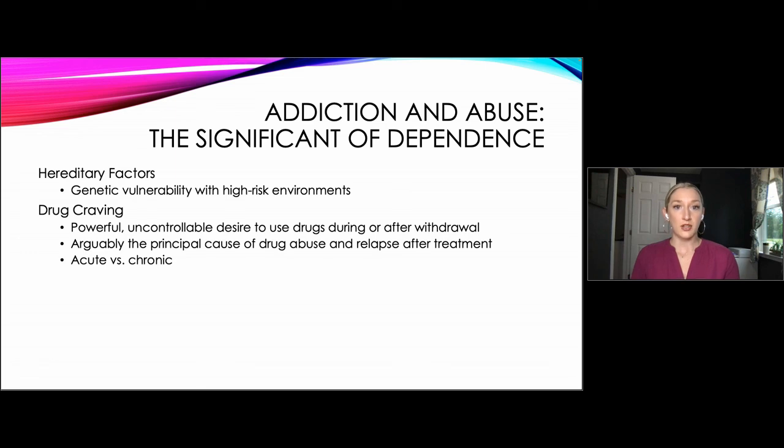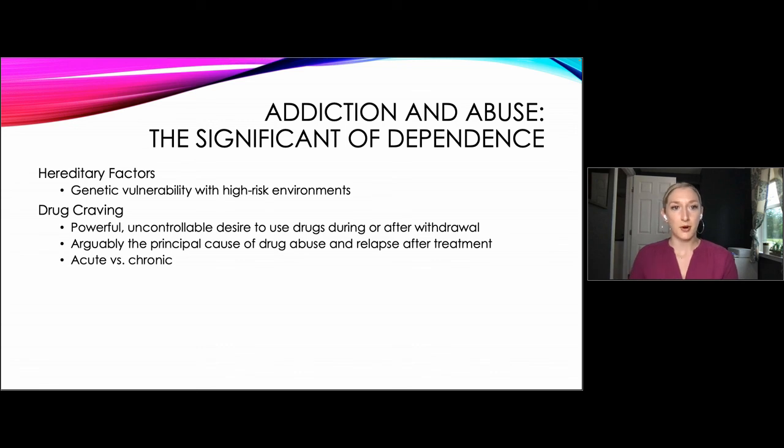Chronic cravings are, for example, when an ex-user could be triggered by the environment that elicits a positive memory of the drug's effects. Say, for example, a person uses cocaine while they're at a specific bar with their friends. They haven't been to that bar in a while. They haven't used cocaine.